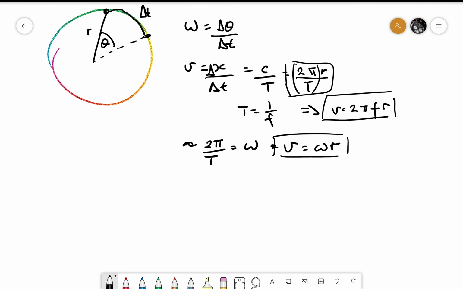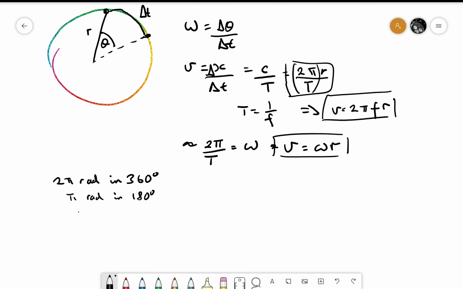Now we measure omega in a unit called the radian. So omega is in radians per second, and you probably realise this already from maths, that you've got 2 pi radians in 360 degrees. Or pi radians in 180 degrees.